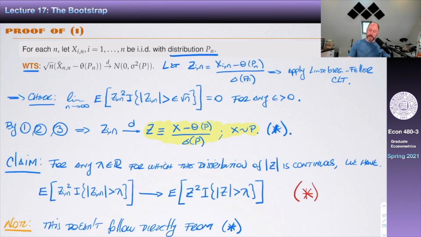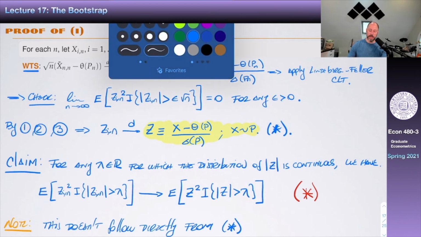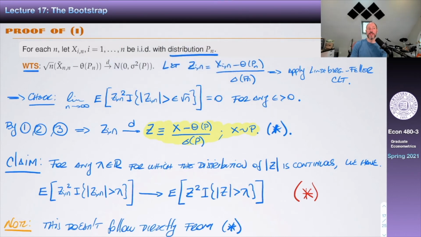But this red star doesn't follow from the blue star because convergence in distribution doesn't imply convergence of moments. So in order to prove this result, we need to use two intermediate results or two lemmas, and that's going to be the next slide.